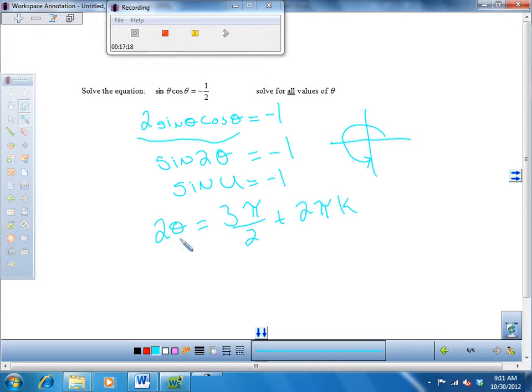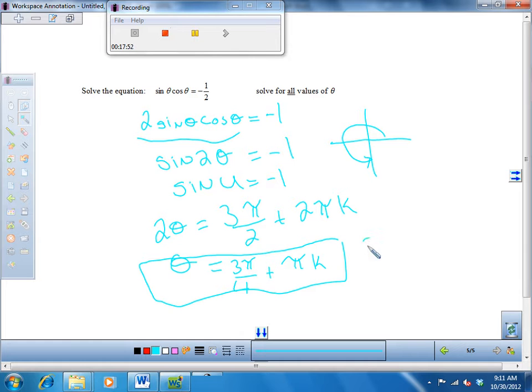But I want to find theta, so what do I have to do? Divide everything by 2. So this gets divided by 2, so I get 3 pi over 4, and I have to divide this by 2, which turns that into a pi k. So these are all the places forever and ever where this equation works: 3 pi over 4 plus pi k.